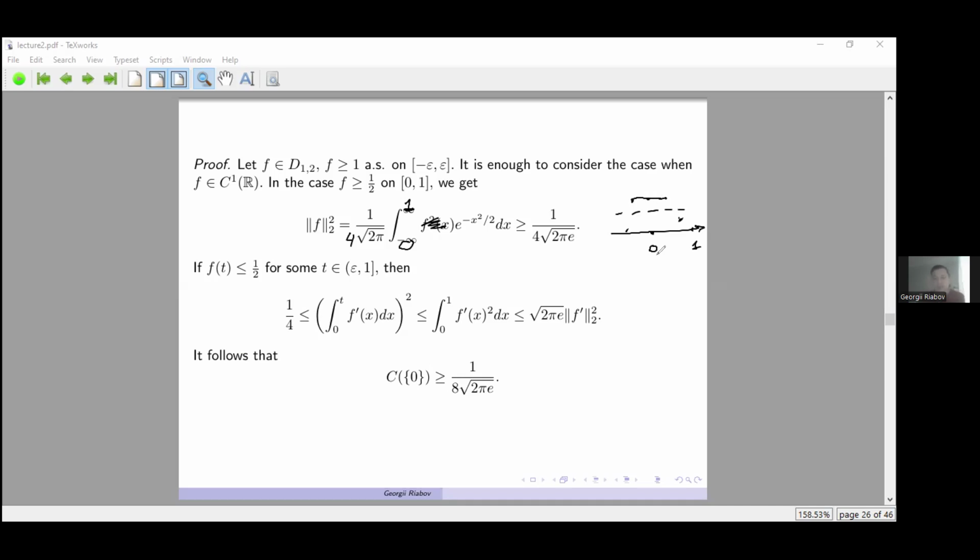In this case, the L2 norm of the derivative of f cannot be too small, because let this point be equal to t. Yes, because the increment of function f from 0 to t is at least 1/2.